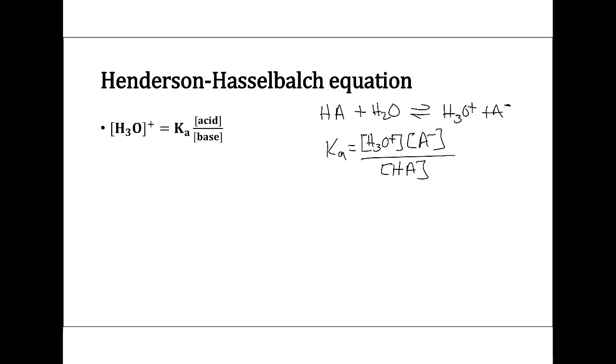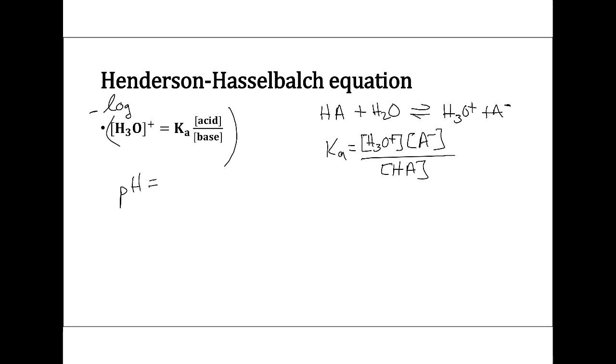Well, if we want to solve for the hydronium concentration or the pH, we can cross multiply and divide. So then we end up with our acid in our numerator, base in the denominator, times Ka. Okay, well, normally we're looking for pH. So if we want to find the pH, we take the negative log of everything. So what we'll do is negative log of everything in this expression.